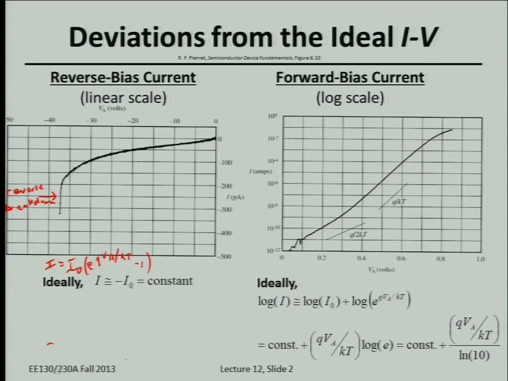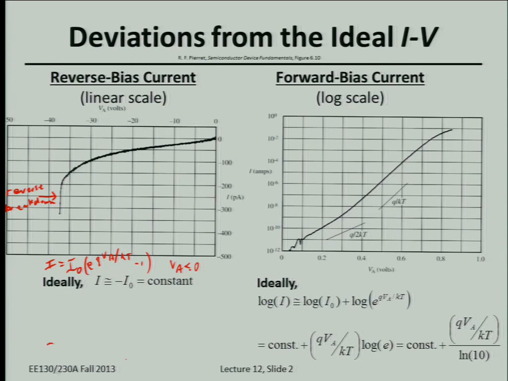If you keep increasing the magnitude of the reverse bias, so let's say VA is much less than 0, what do you expect the ideal diode current to look like? It's just minus I naught, right? So we expect it to be flat, in other words, constant and not really dependent on the applied bias, because this exponential term is going to be negligible compared to minus 1, even more so as you go to more negative bias values.